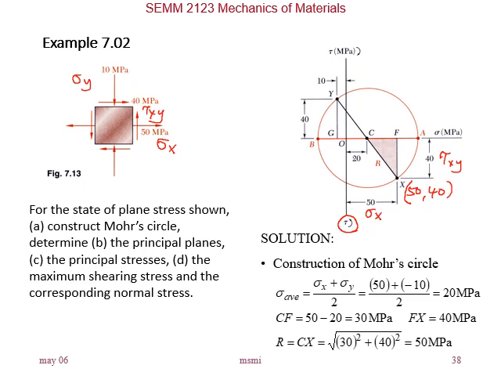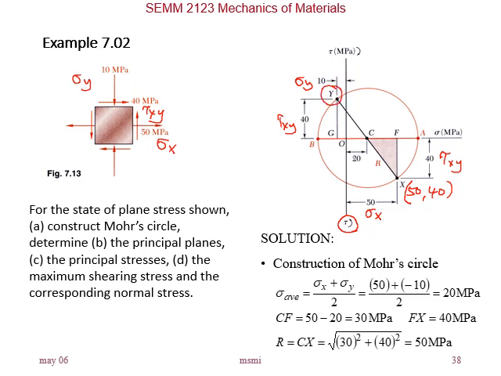Point y, sigma is negative 10, and tau is 40 clockwise. So you have negative 10 will give you sigma y, and 40 will give you tau xy is clockwise. So it's upwards or negative. Right? So you get point y.